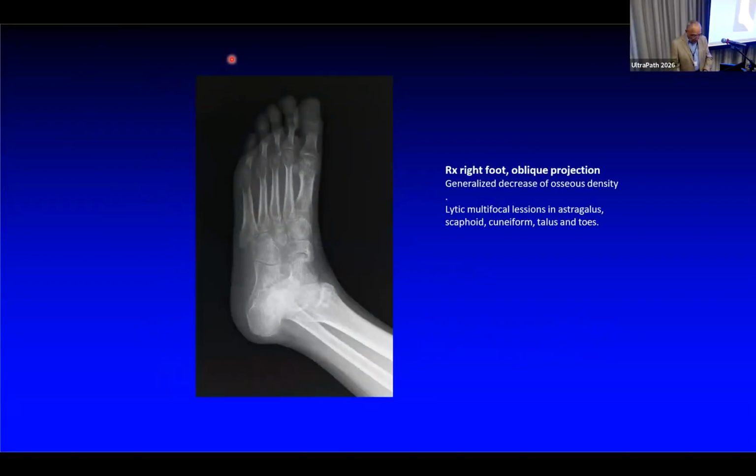These are the initial image studies, and there was a generalized decrease in bone density, and many tumors located in the astragalus, scaphoid, cuneiform, talus, and toes.